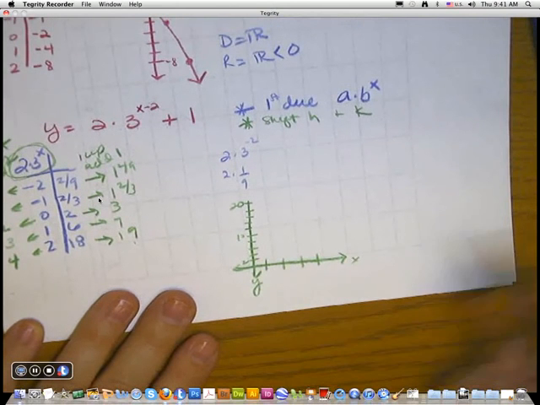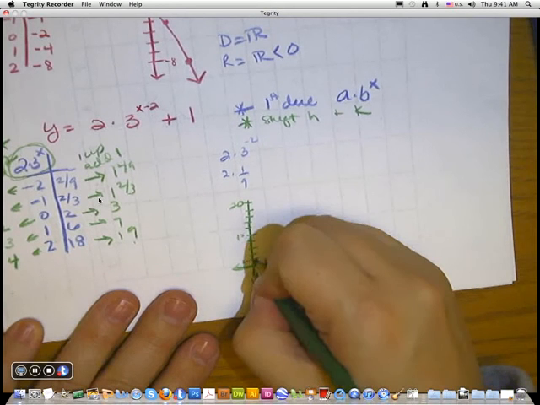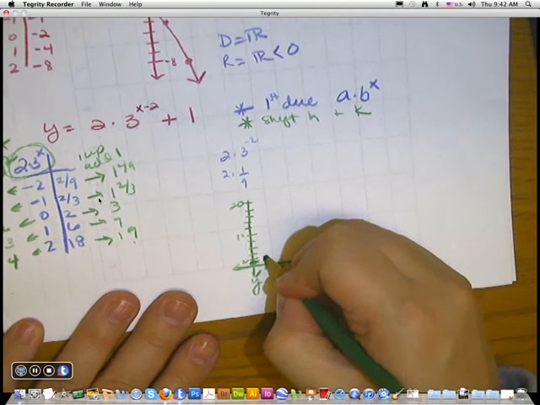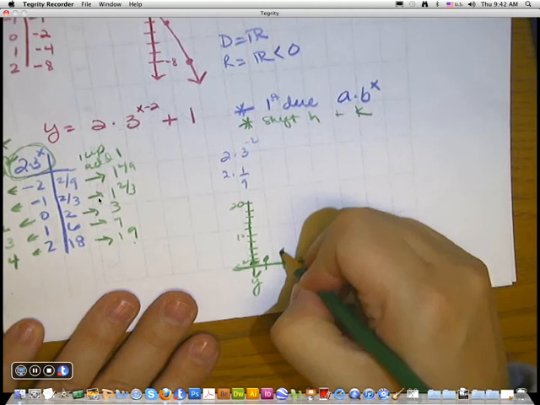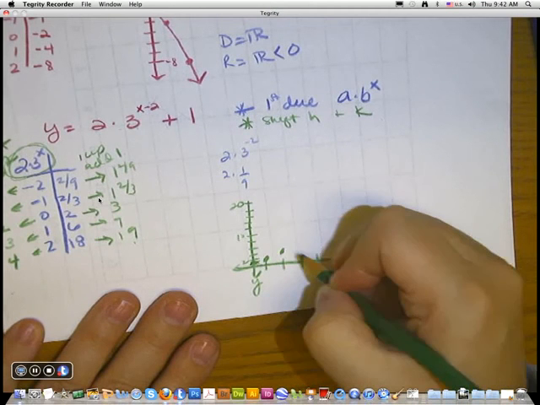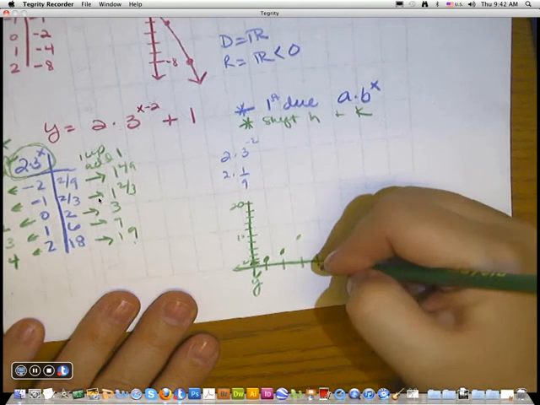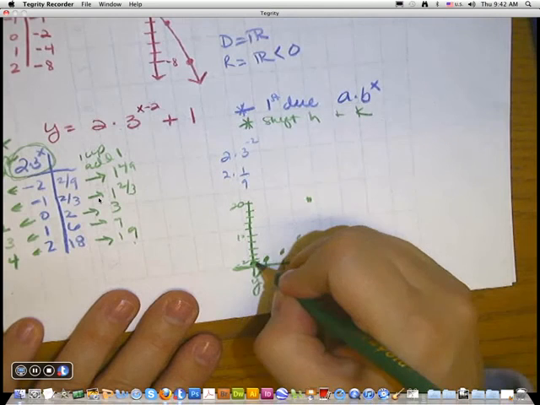And then plot them accordingly. So 0, 1 2/9. 1, 1 2/3. 2 is going to be 3. 3 is going to be 7. And 4 is going to be 19.